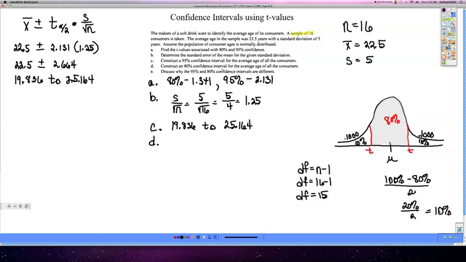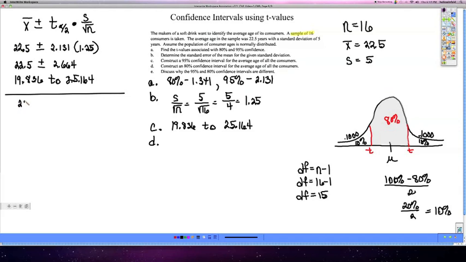For part D, do the 80% confidence interval. So we're doing the exact same thing, except that this time we are using the t-score of 1.341.